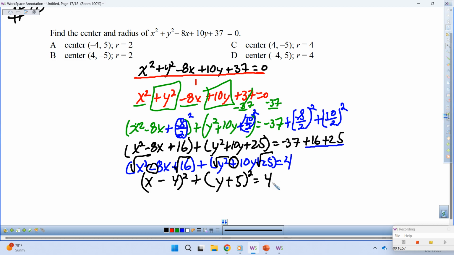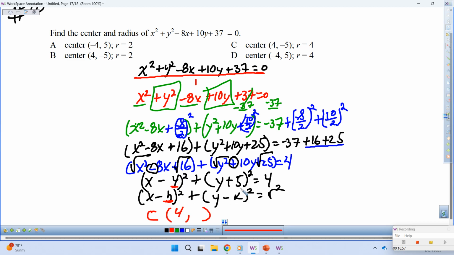So, is that a standard form? Double check. (x - h)² + (y - k)² = r². Yes. So now we need a center. The center has h and k, right? So what is h? h is 4.